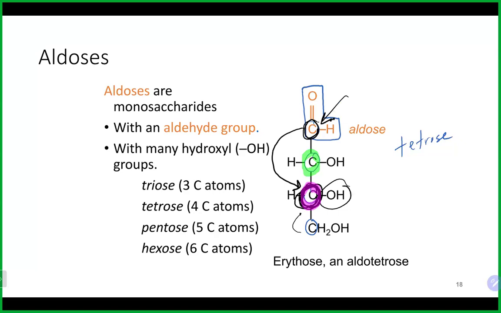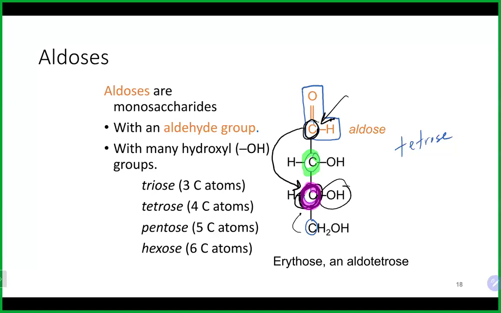Would there be carbon groups connected to this chain, or would we still count it as tetroses, pentoses? Most of your carbohydrates won't have a lot of extra stuff hanging off every way.